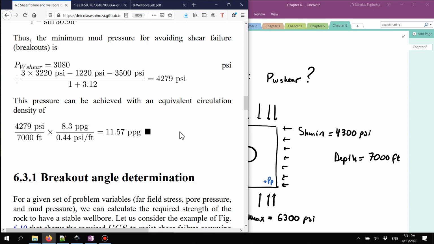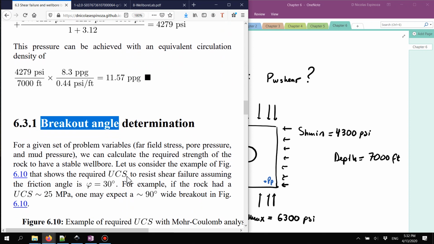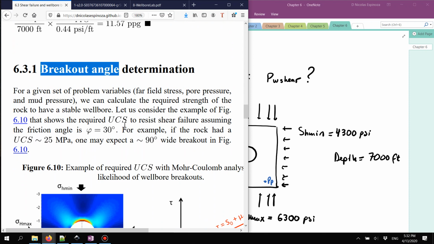In fact, sometimes we calculate what the shear failure is and we allow a given extent of shear failure so that it doesn't compromise the stability of the wellbore.